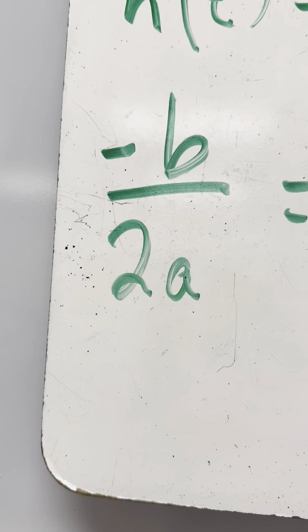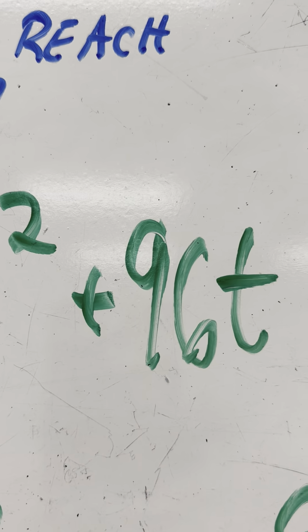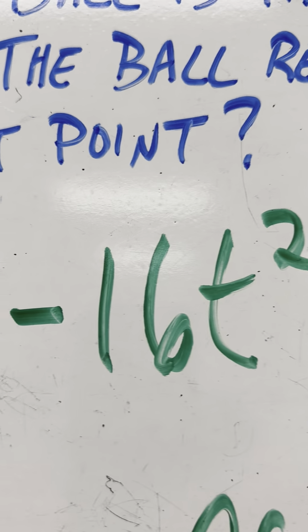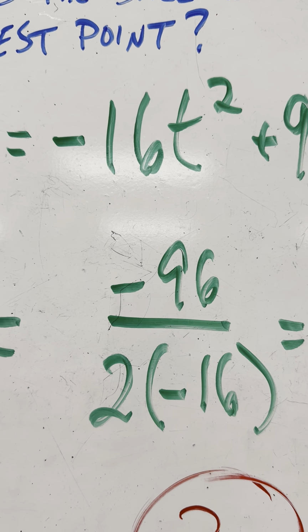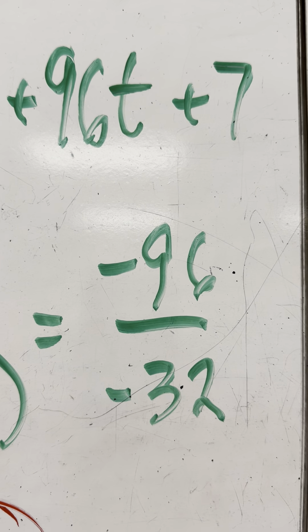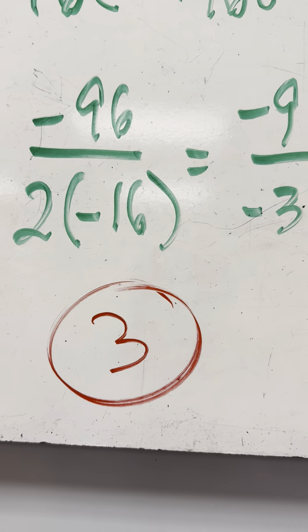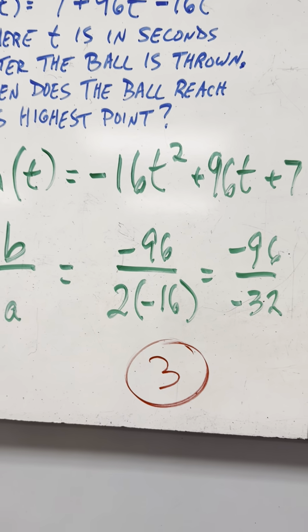Negative b over 2a. You're going to take negative 96 divided by 2 times negative 16, or negative 96 divided by negative 32, which is 3. 3 seconds. You're done. That's it.